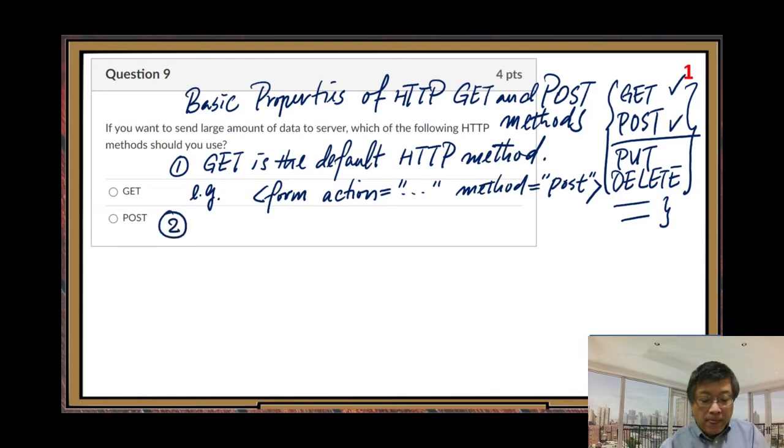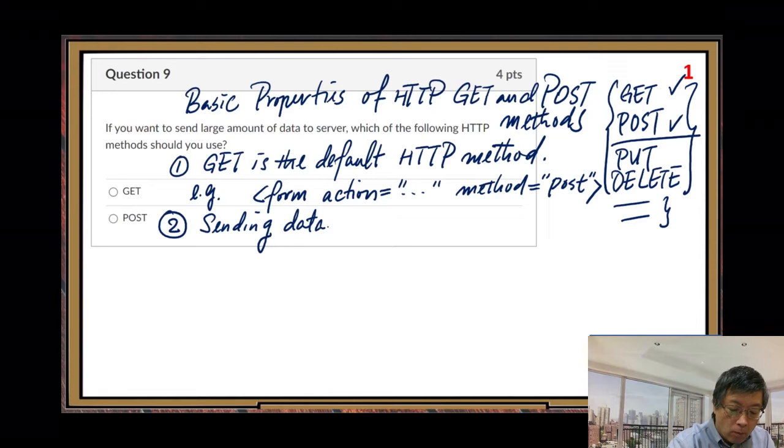Property number 2. You can send data. Here we talk about sending data. When you use the GET method and the POST method, the way you send data is different.